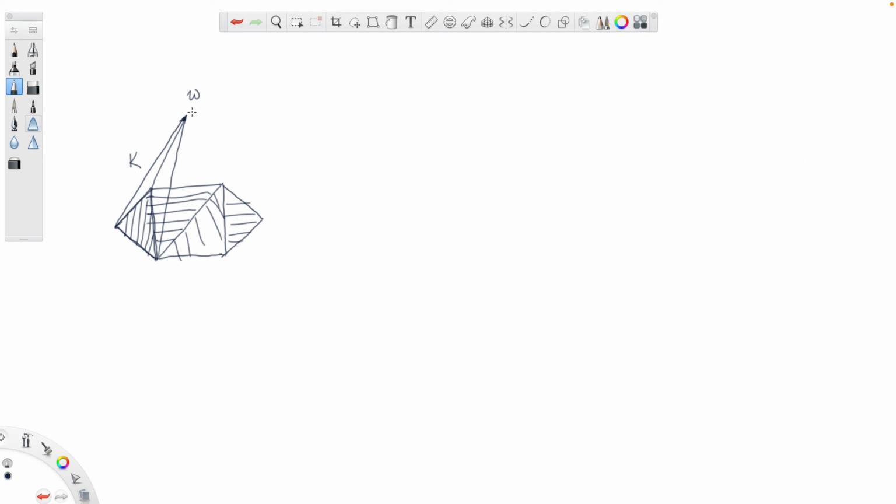Similarly, you can form other simplices. So, for example, this is another tetrahedron. We can get it if we take the base to be this two-simplex of the given simplicial complex K. Okay.